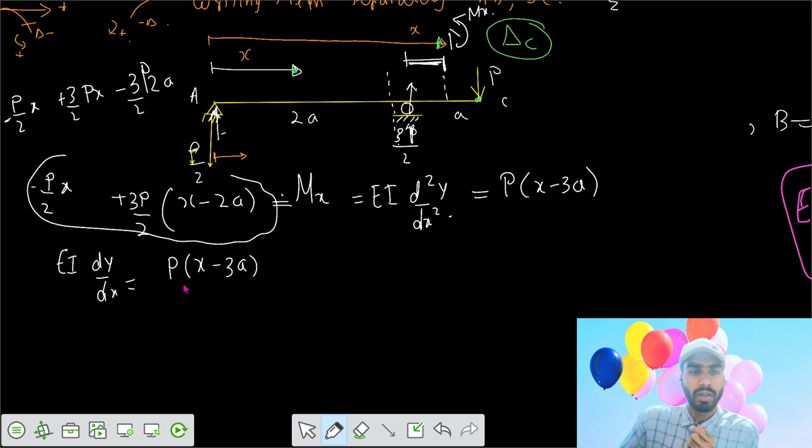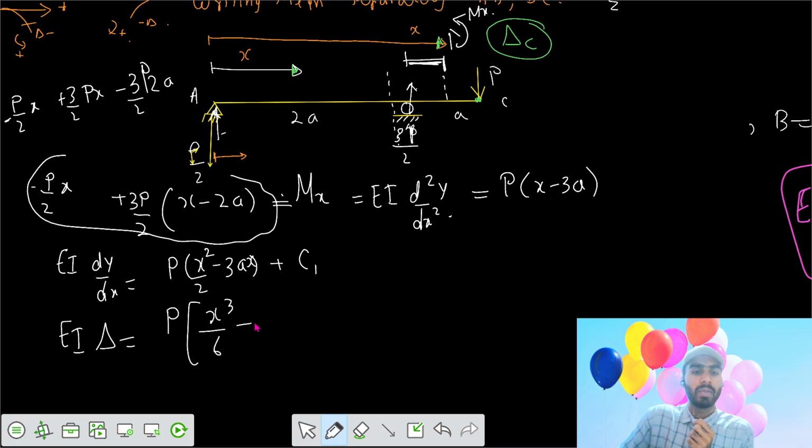Now you have to integrate it. After integrating, we get x squared by 2 minus 3a into x plus some constant c1. Similarly, EI delta equals P into x cubed by 6 minus 3a x squared by 2 plus some constant c1 into x plus c2.